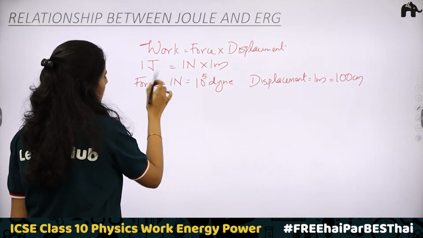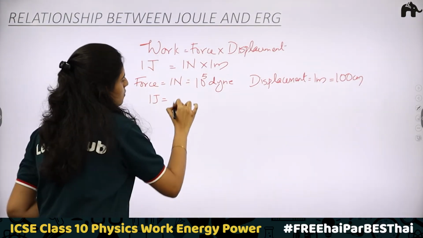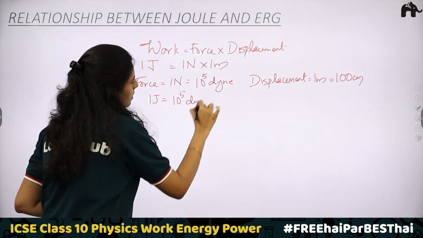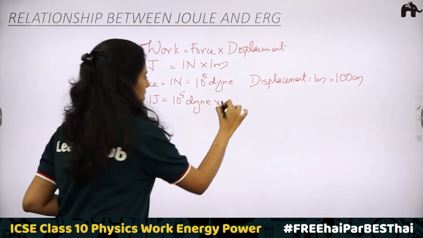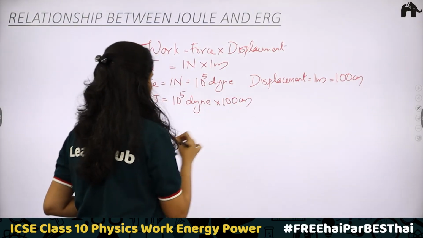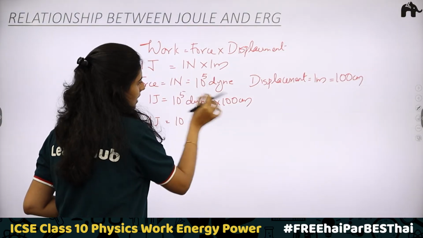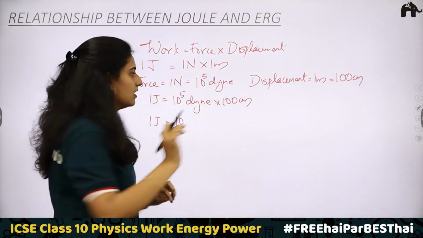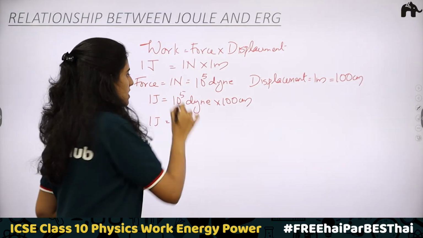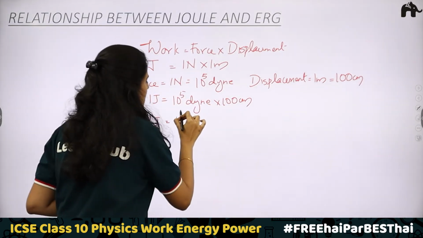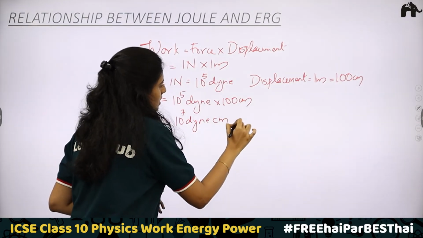So here 1 joule is equal to 1 Newton, which is 10 raised to 5 dyne, into 1 meter, which is 100 centimeter. Which means 1 joule is equal to 10 raised to 5, and here we have 2 more zeros, that is 10 raised to 2. 10 raised to 5 into 10 raised to 2 is 10 raised to 5 plus 2, which is 10 raised to 7 dyne centimeter.